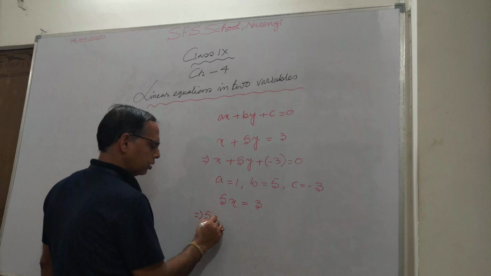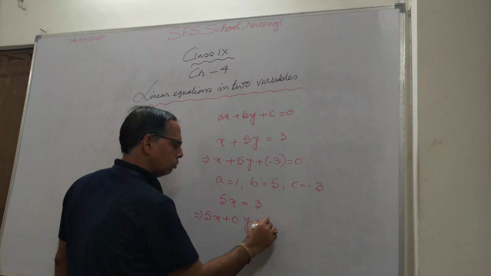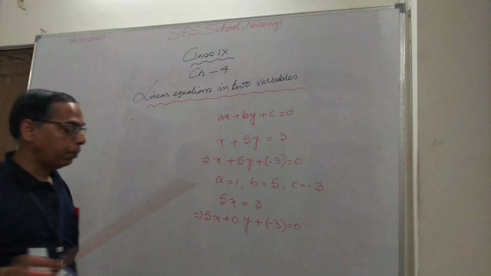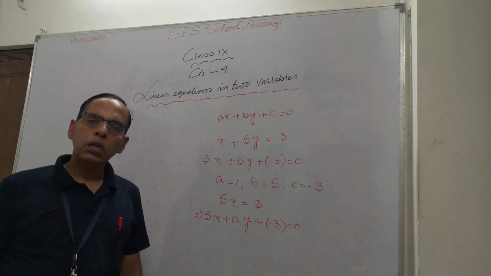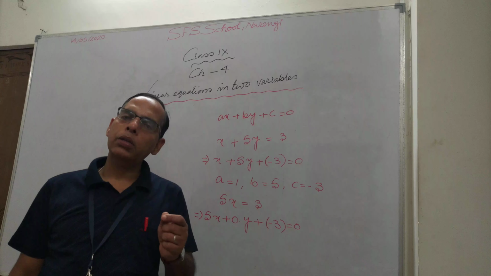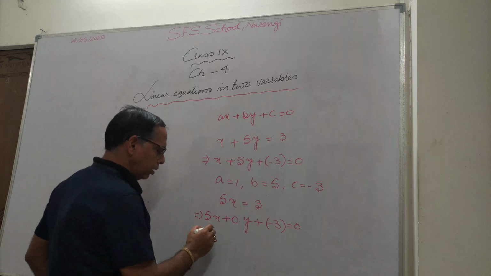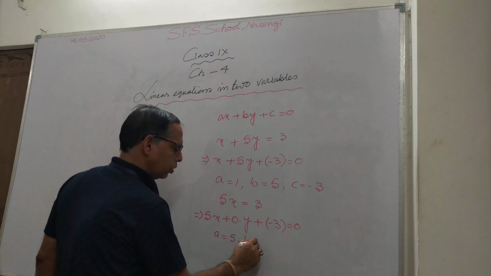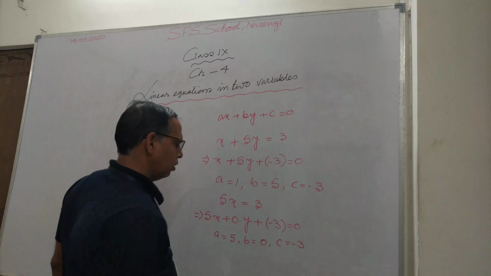See, 5x plus 0 into y plus minus 3. Now you see whether you get back the original equation. 5x is there, 0 into y. 0 into any number, the product is always 0. Then 3 shifted, so minus 3 plus. So then what is a? a equal to 5, b equal to 0, c equal to minus 3.